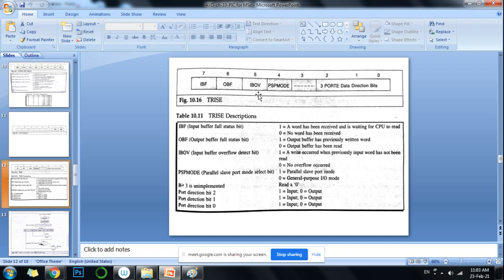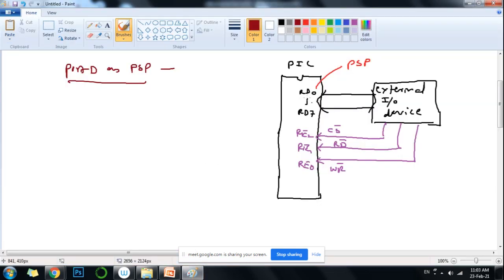One more bit is provided, which is the input buffer overflow detect bit. It indicates that there is an overflow, or a byte has been written into the buffer before the previously sent byte has been read out. While inputting data, if the external device sends data here and the CPU is engaged in doing some other work, the CPU may not read that byte immediately.